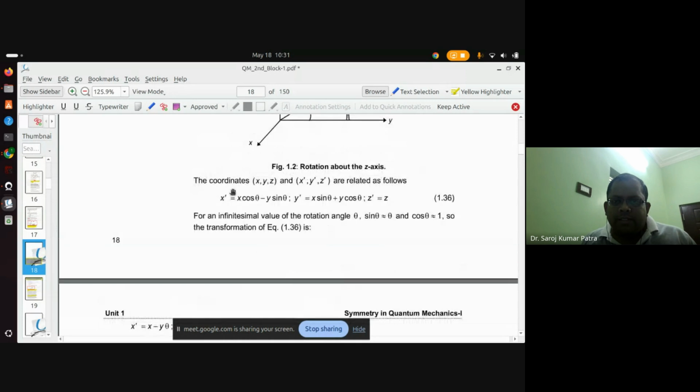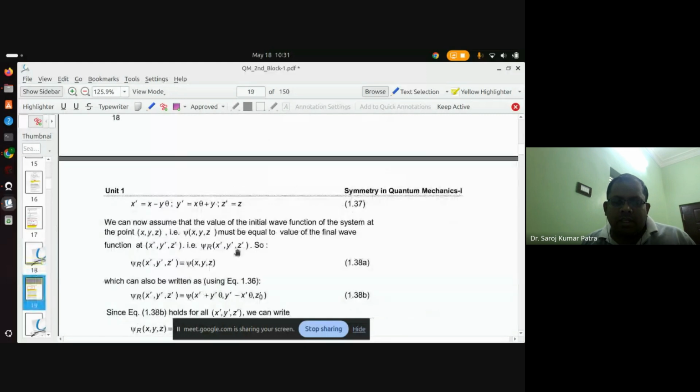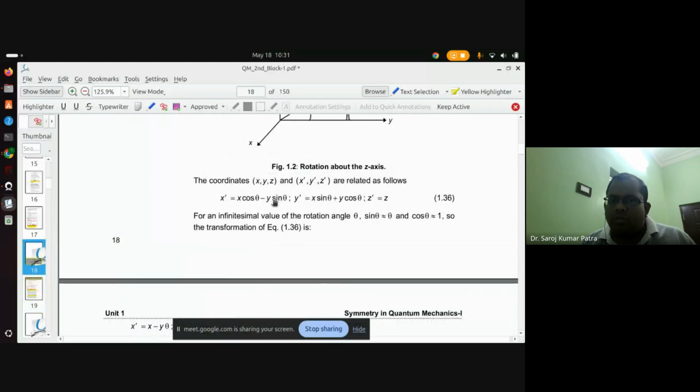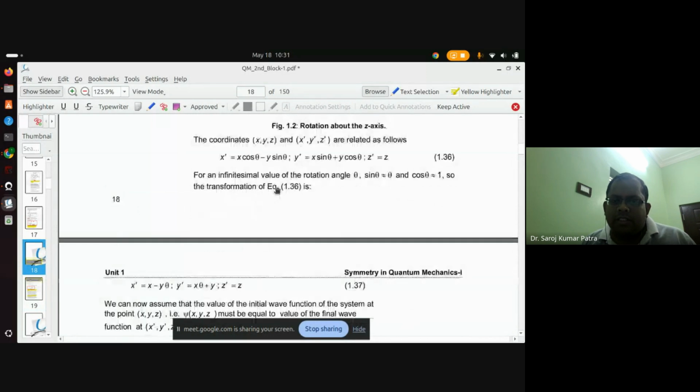So the coordinates x, y, z and x prime, y prime, z prime, once it is rotated, will be expressed like this. For small theta, cos theta is 1, sin theta is theta, right? All of us know sin theta is theta and cos theta is 1. Because if you have this series expansion, all of you remember, right?